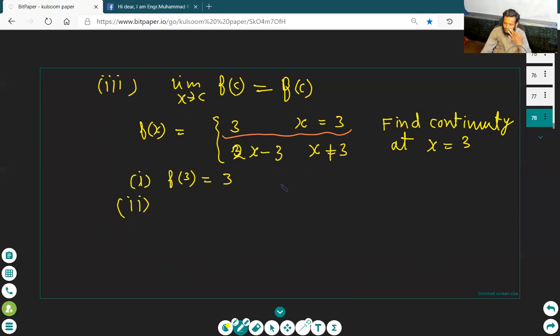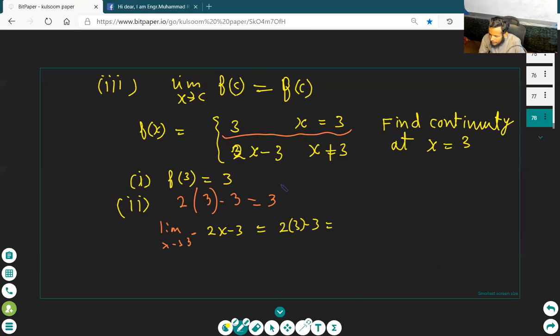What is the limit? For the limit as x approaches 3 minus, you should write here x minus 3, then put this value into 2x minus 3.